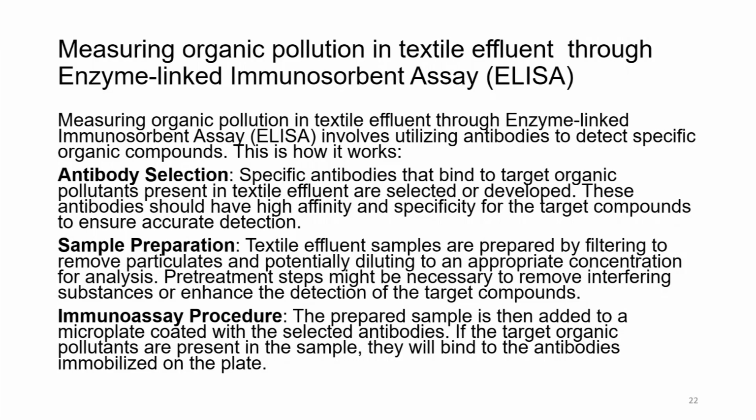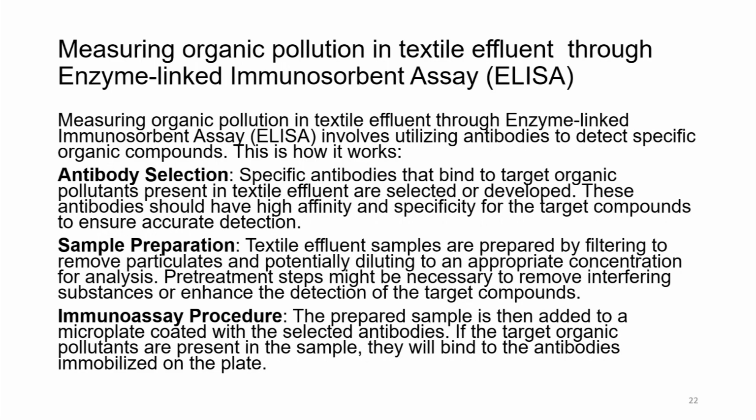Antibody selection. Specific antibodies that bind to target organic pollutants present in textile effluent are selected or developed. These antibodies should have high affinity and specificity for the target compounds to ensure accurate detection. Sample preparation.